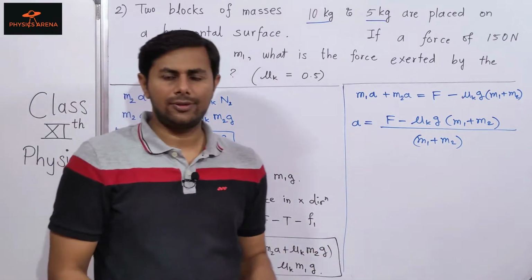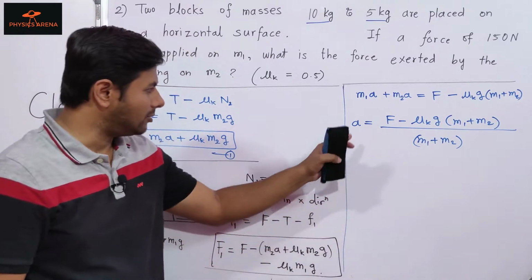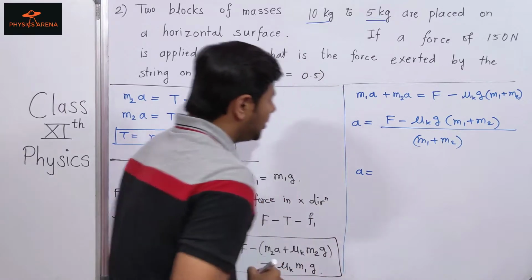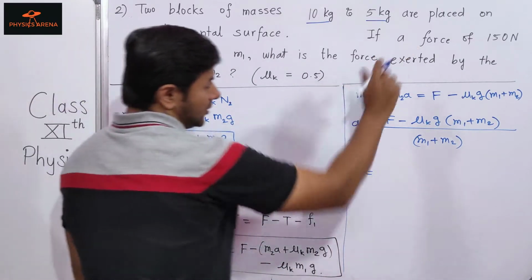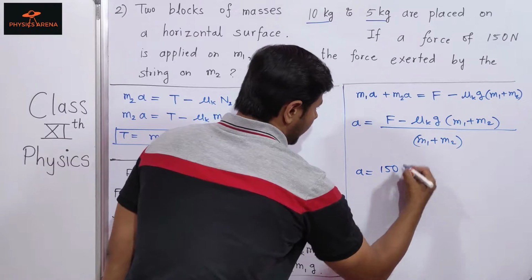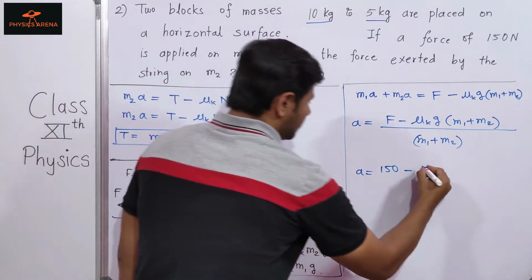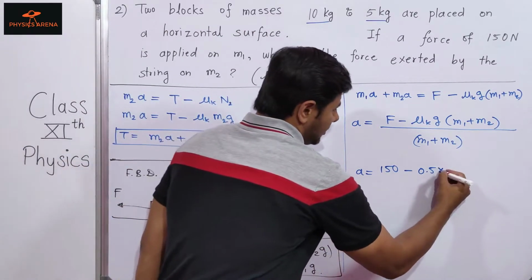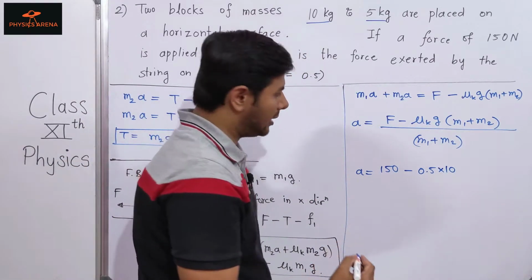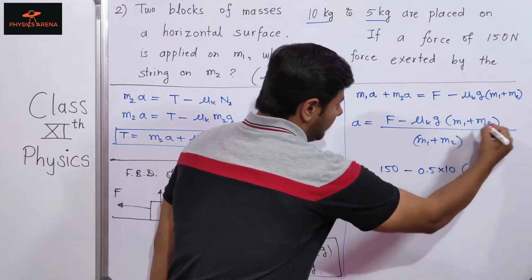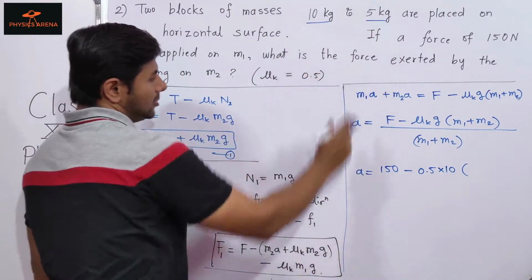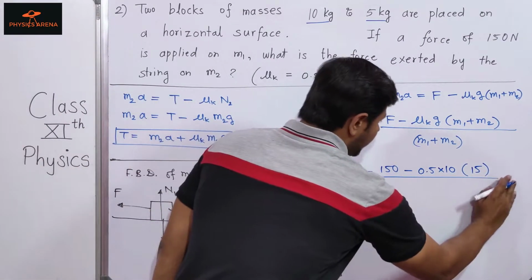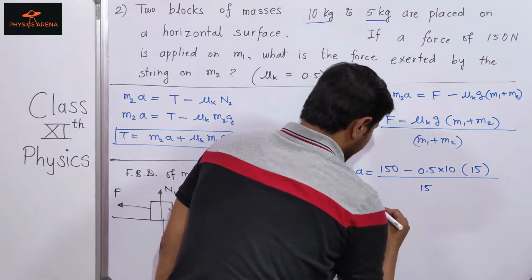Now I can substitute values of all the quantities to find out the acceleration. Okay, so let's do that. So we have acceleration A equals F, which is 150 newtons, minus mu k, which is 0.5, multiplied by g. So let's take it as 10, this acceleration due to gravity, multiplied by m1 plus m2, which is 10 plus 5, which is 15, divided by m1 plus m2, which is 15.